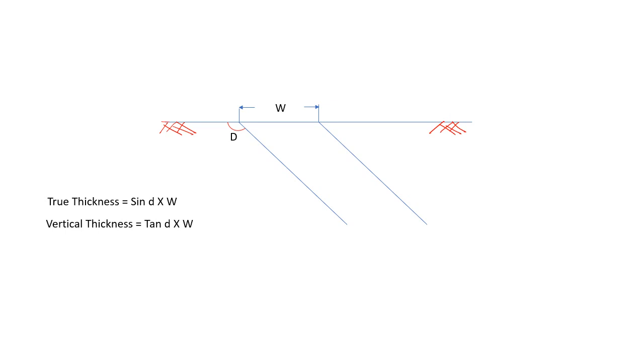This line is a strata or a bed which is dipping in this direction. That dip is calculated based upon the d. And on the ground, whatever distance comes, we call it w, or the width of the outcrop.